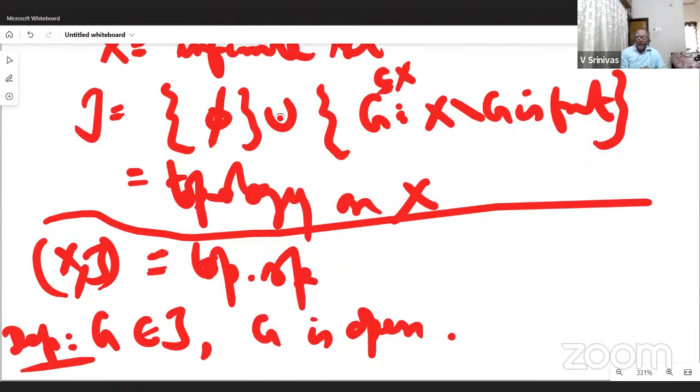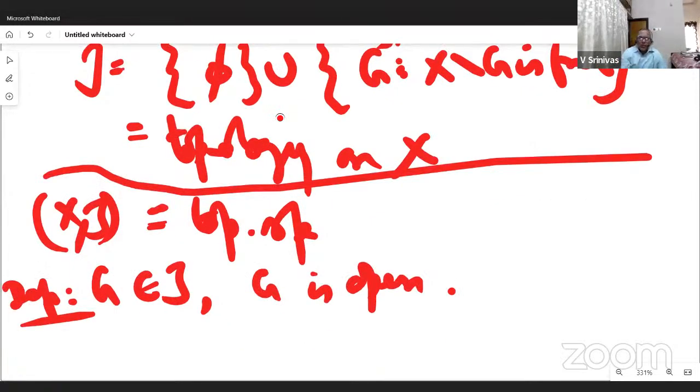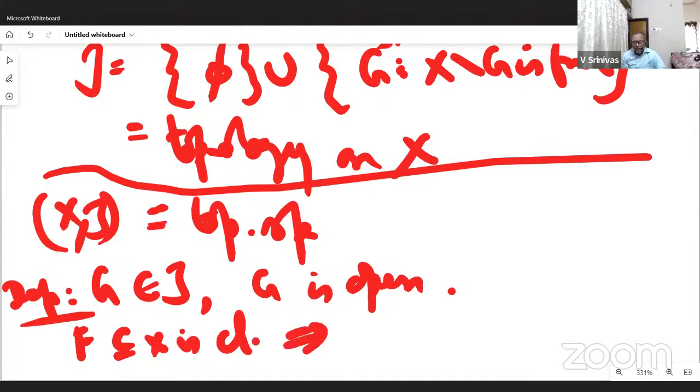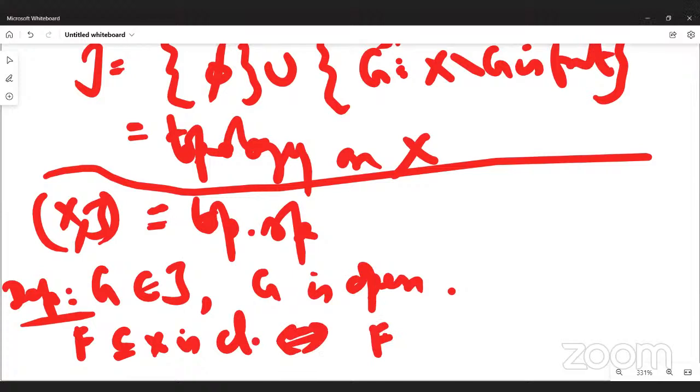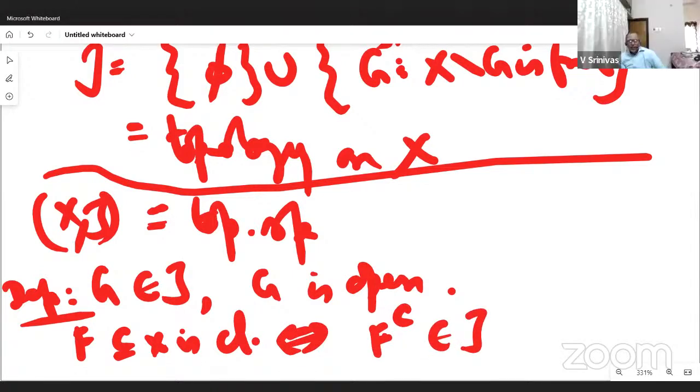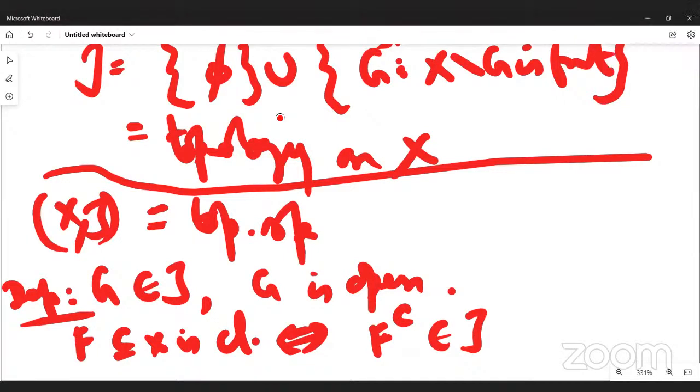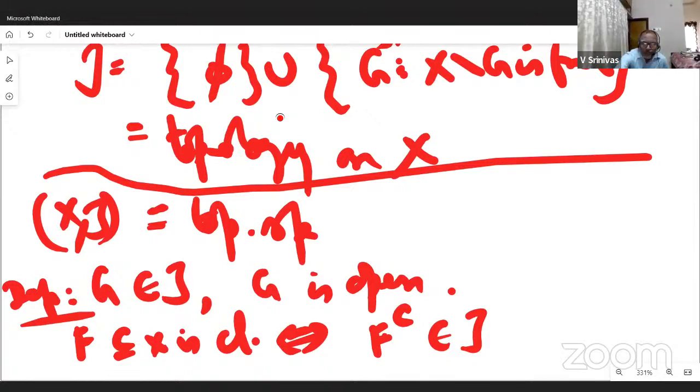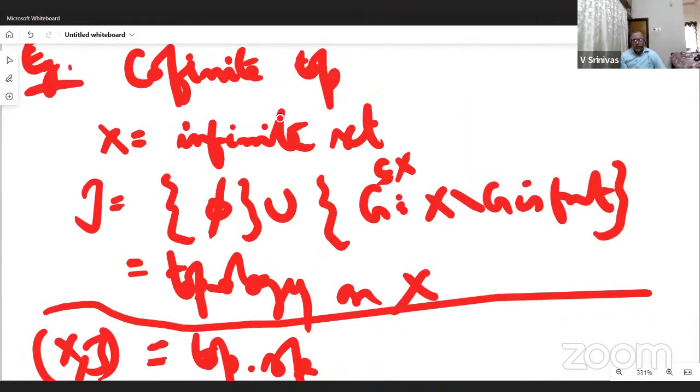And a set F contained in X is defined to be closed if and only if its complement is open. So closed sets are complements of open sets. That is the definition.